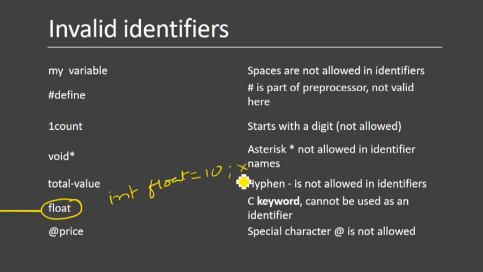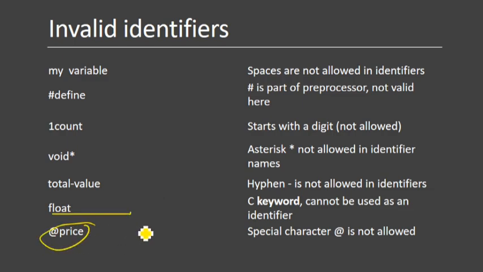I should not write like this because int is a keyword and float is also a keyword. In general, the syntax is data type and variable name, but in the variable name I should not use any keyword. And this one starts with a special character before price, so I should write only price. This is valid. The at the rate symbol is not allowed; special characters are not allowed. So these are the invalid identifiers.